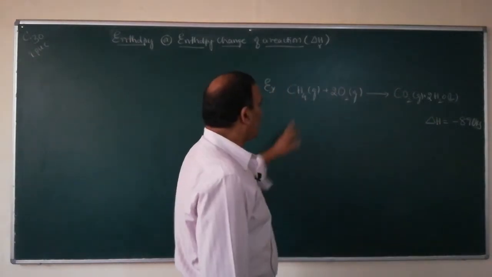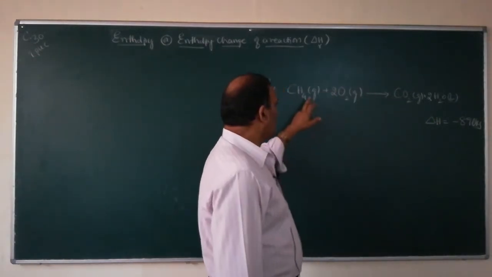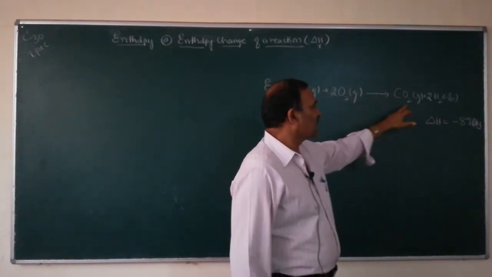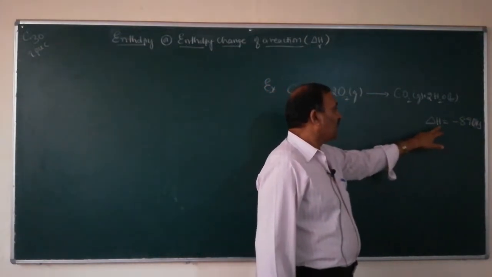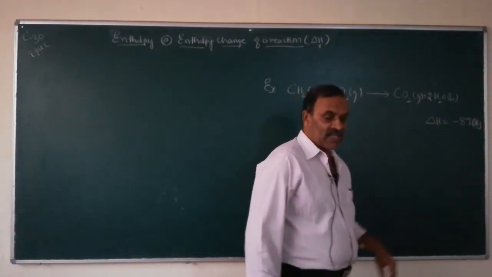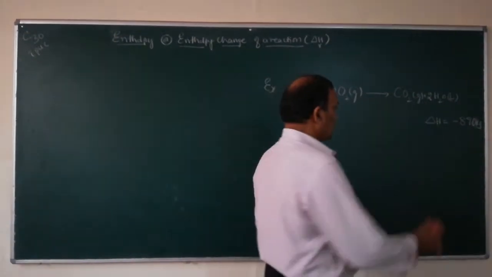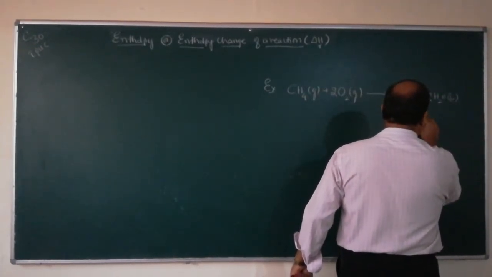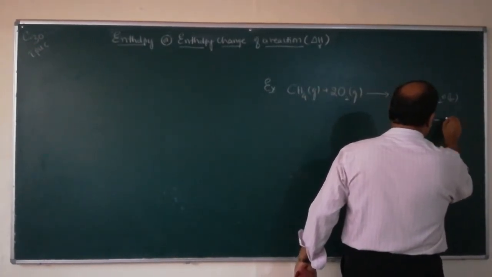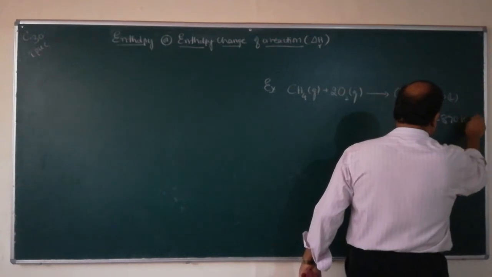So it is a balanced equation. It also indicates the physical states of reactants and products. So what is the enthalpy change? Delta H equals minus 890 kilojoules.